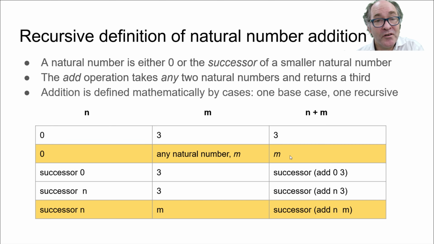And that is how addition is defined mathematically, by these two cases. And the two cases correspond to the two ways in which we can construct a natural number. A natural number is either 0, or it's one more than some other smaller natural number. Those are what we call the two constructors, if you will, for building up natural numbers.